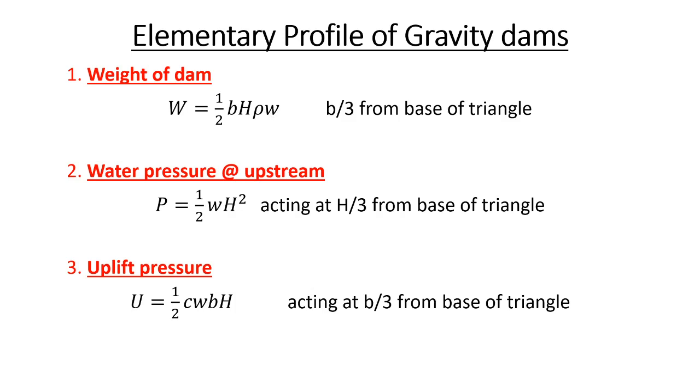I repeat, by multiplying the specific gravity of any material with the unit weight of water, you will get the unit weight of the material. So instead of the unit weight of the material, here we can use rho into W, where W is the unit weight of water and rho is the specific gravity of the material.